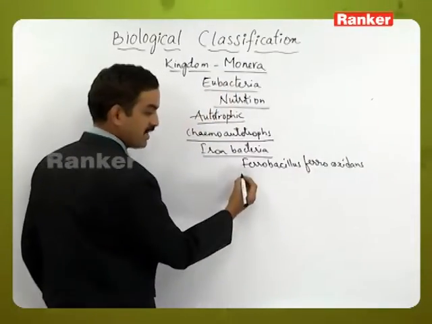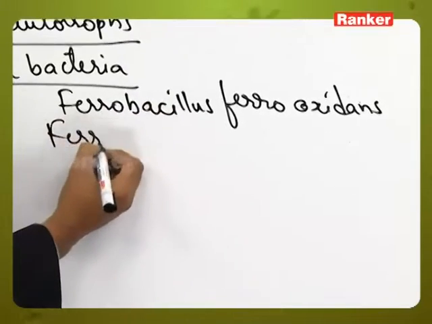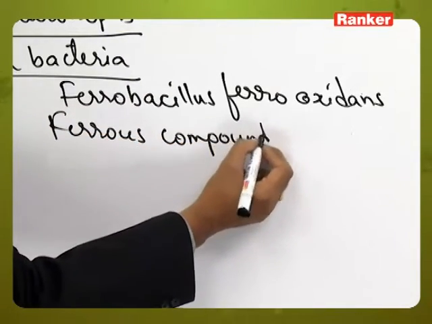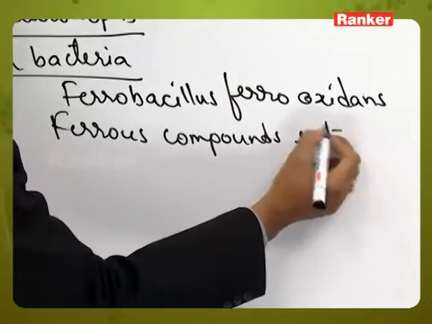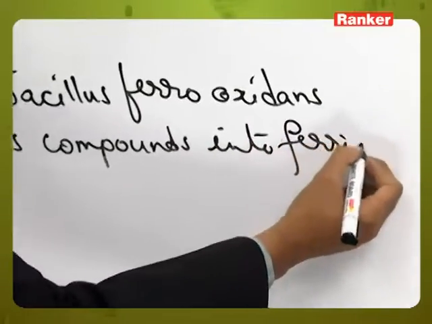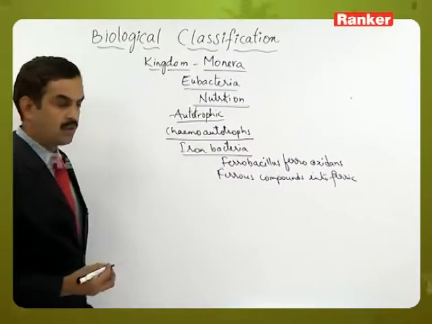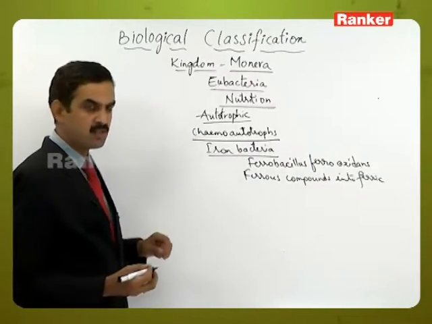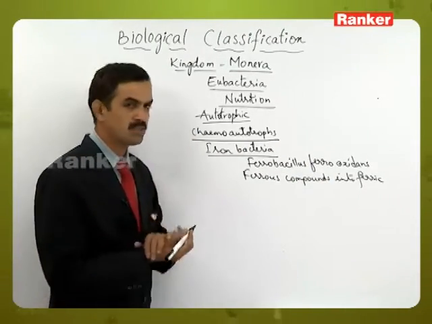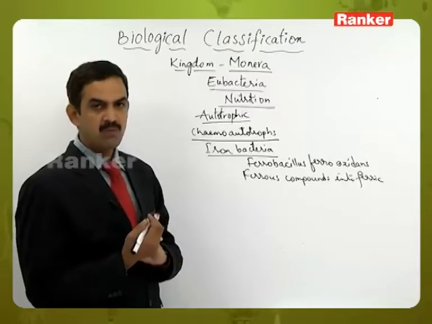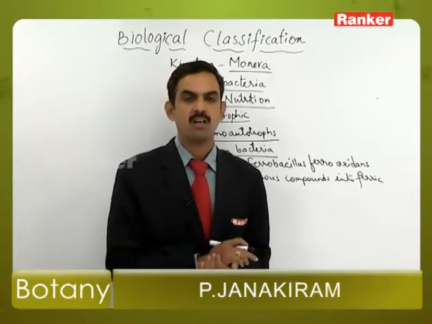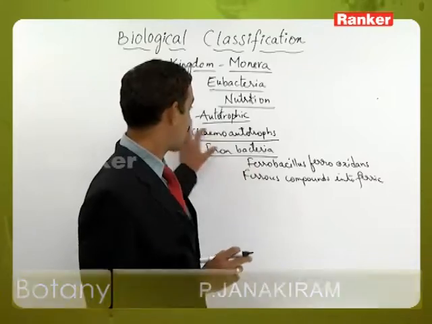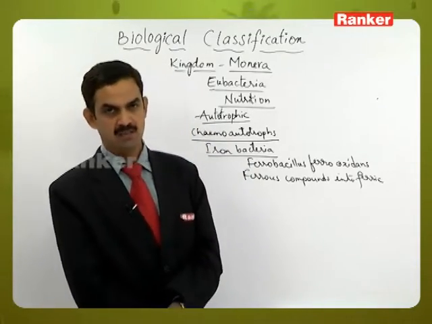This is the one which converts the ferrous compounds into ferric compounds. When these ferrous compounds are converted into ferric compounds, here also some amount of energy is released, which is used in the photosynthetic process. Likewise, based on the type of inorganic compound which is oxidized, the chemoautotrophs are divided into various types.